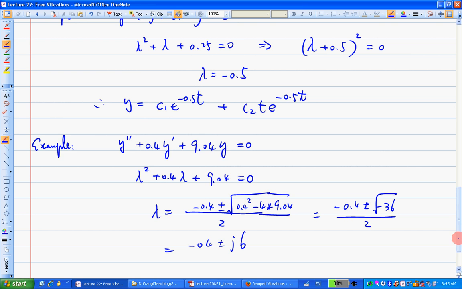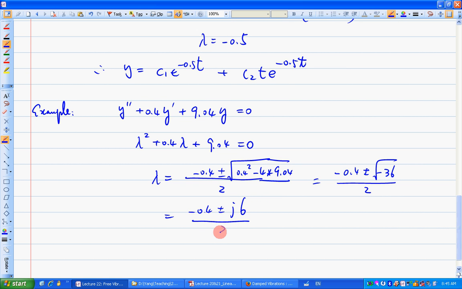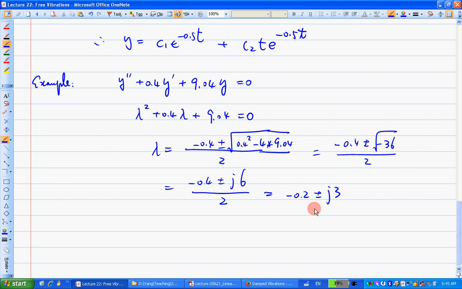Divided by 2. So you have negative 0.2 plus minus j3. So you have two complex conjugate roots. And we have case number 3.